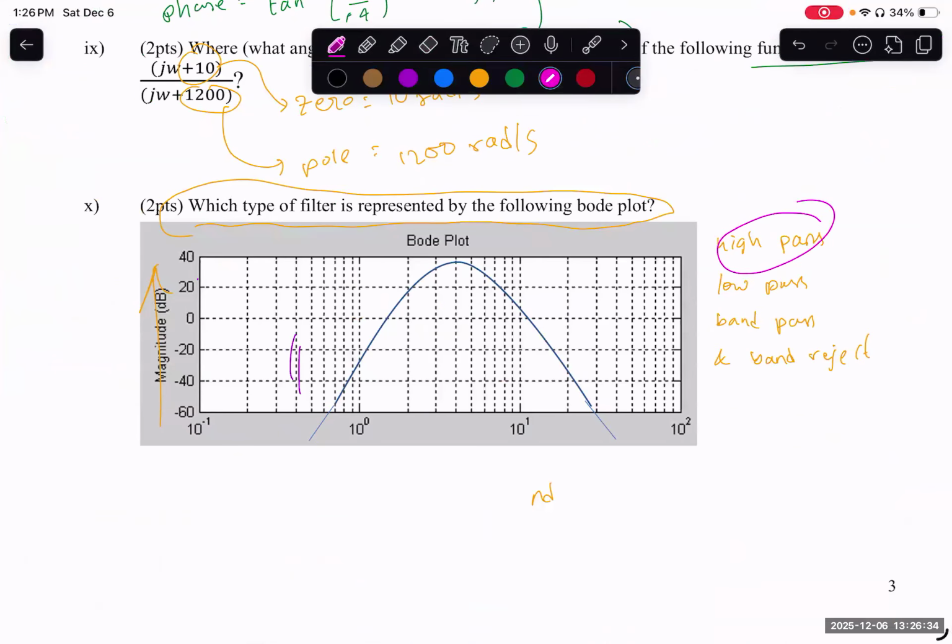This one was actually a band pass, because it's letting one band of frequencies pass, if that makes sense. A high pass would be something on this side. I hope that answers your question.